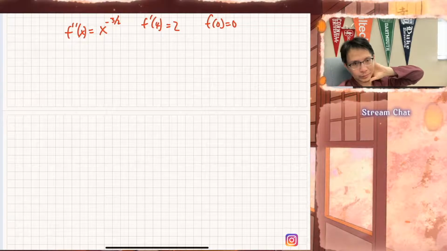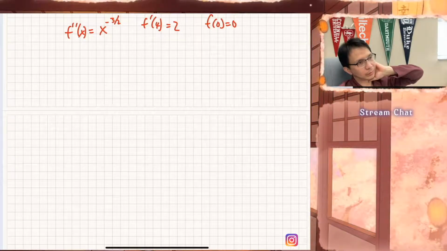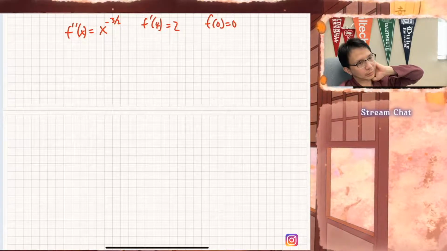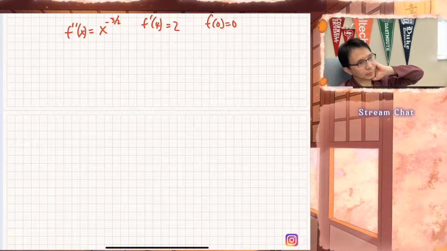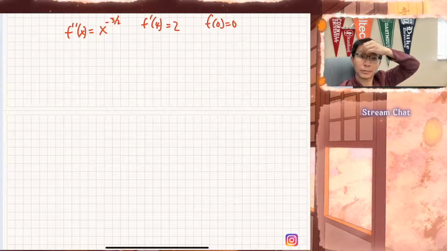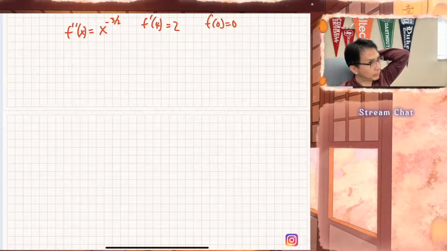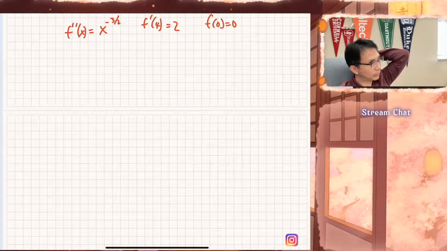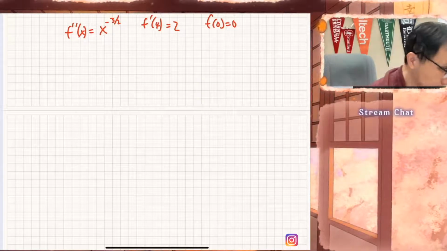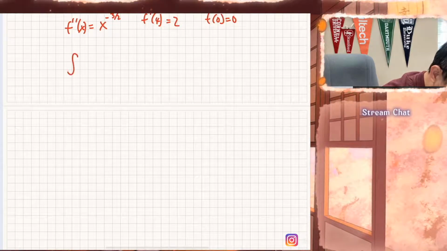There you go. So what is f prime? Instead of negative one, that's the x.